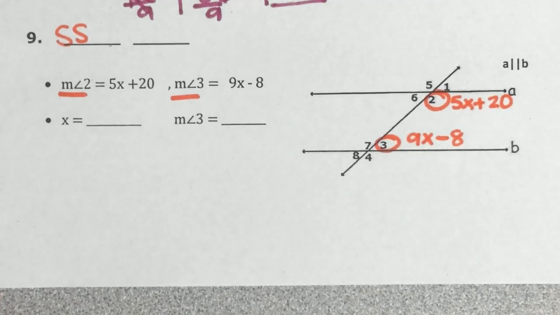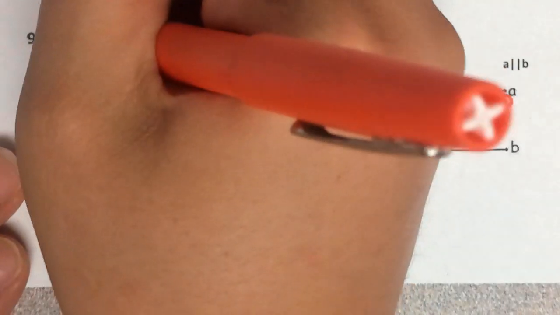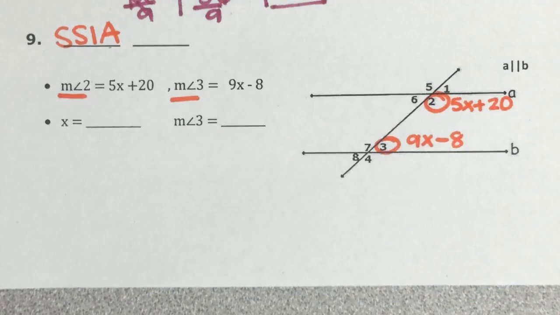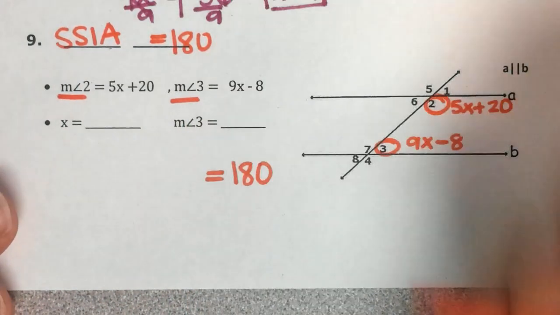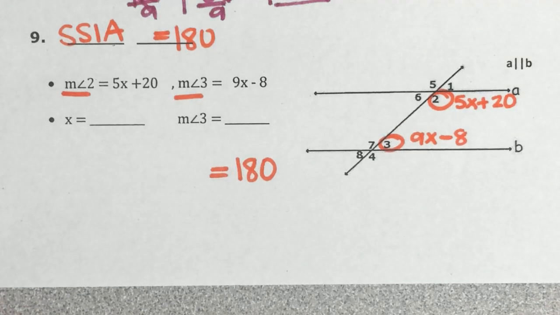Are they inside or outside? Inside. Same side inside is what? Supplementary, equals 180. Your equation should equal 180. If they're supplementary, it needs to equal 180.